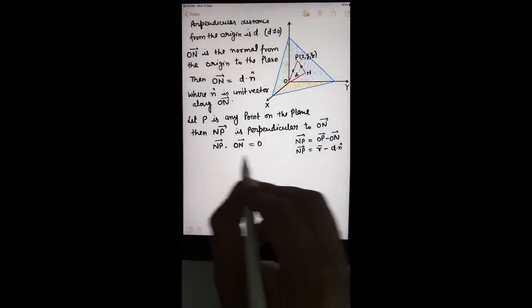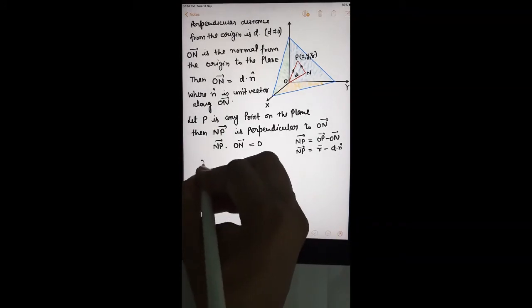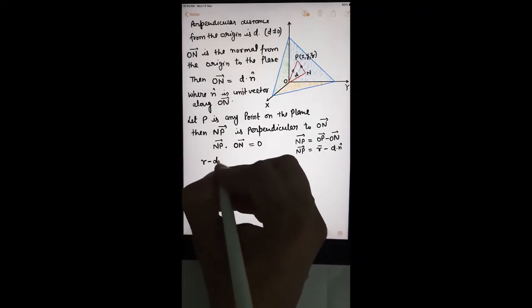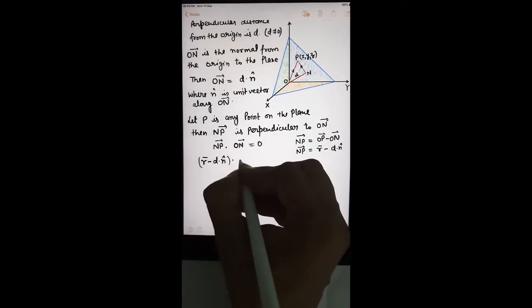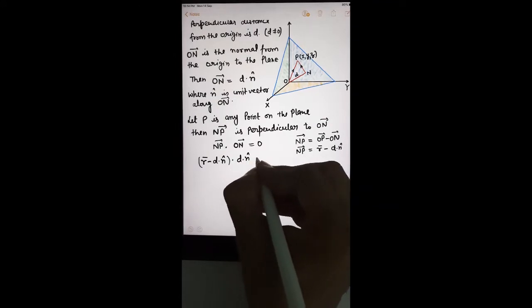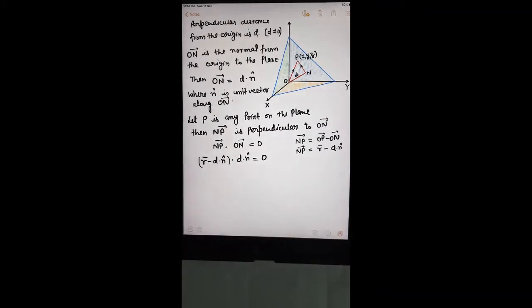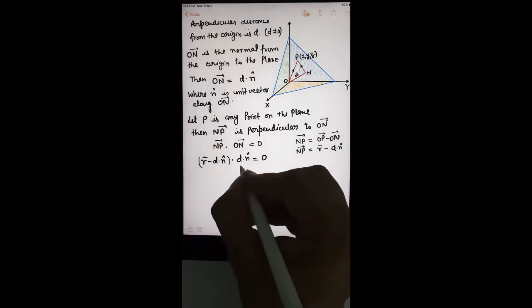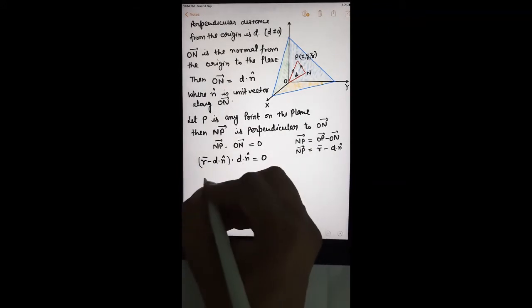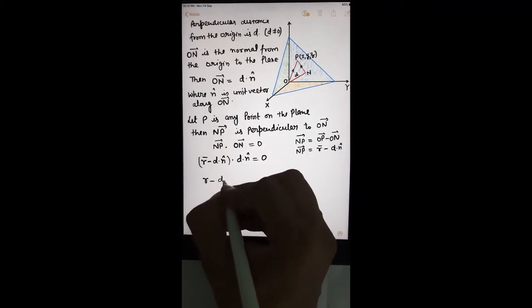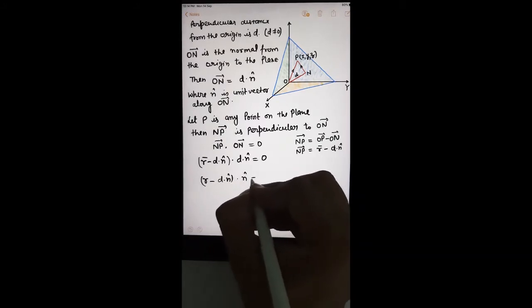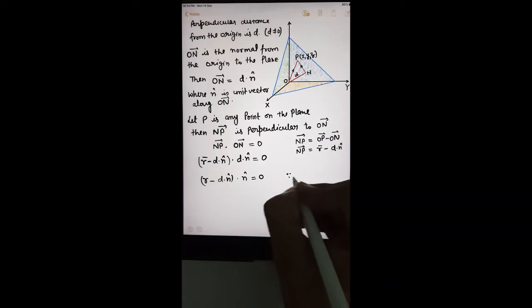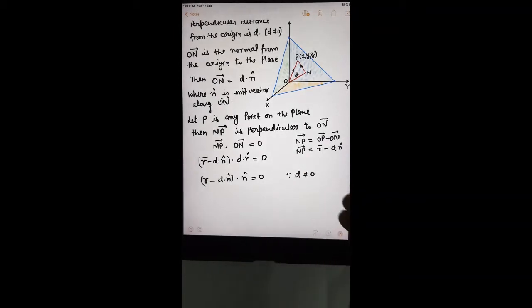So in place of NP we can write R minus D dot unit vector n, and the dot product with D dot unit vector n is equal to 0. Now since D is not equal to 0, we can take R minus D dot unit vector n, dot unit vector n is equal to 0.